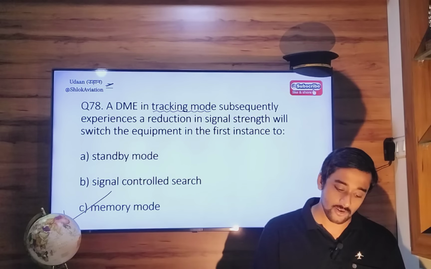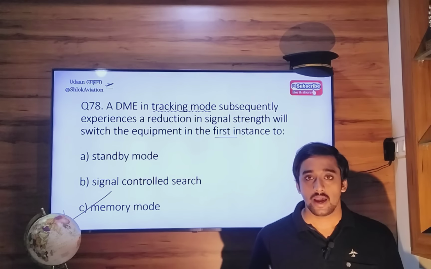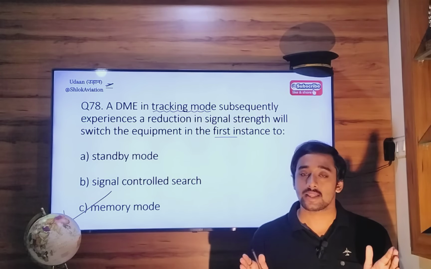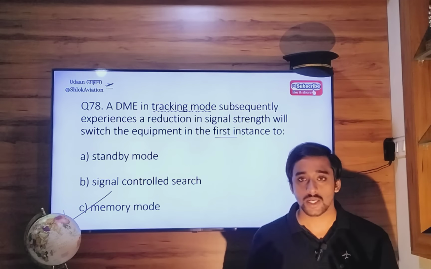So remember, in the first instance, it will switch to memory mode for 10-30 seconds. And if the DME is not able to achieve a lock on in that time gap, in the second instance it will switch to search mode.